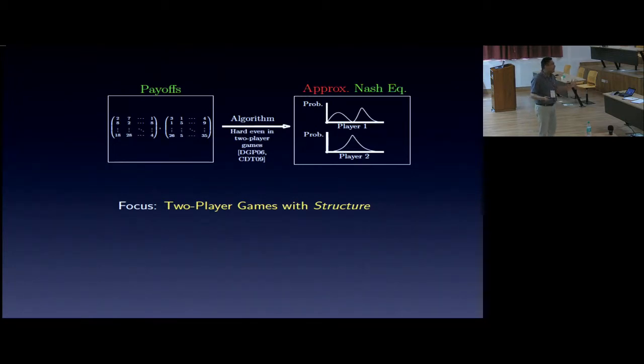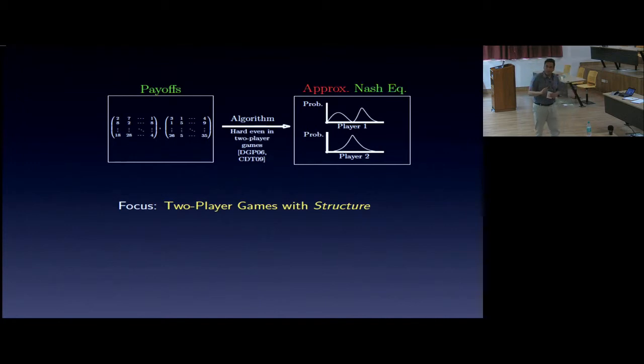And in fact, the result will interpolate beautifully between structured games and this general quasi-polynomial time algorithm. So that's the broad agenda for the next few slides. In particular, I'll use the approximate Caratheodory's theorem to address finding approximate Nash equilibria.